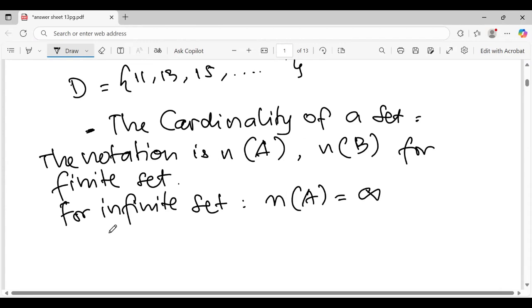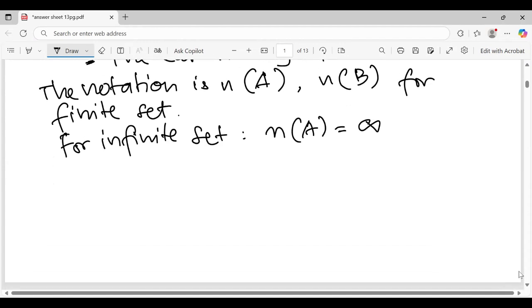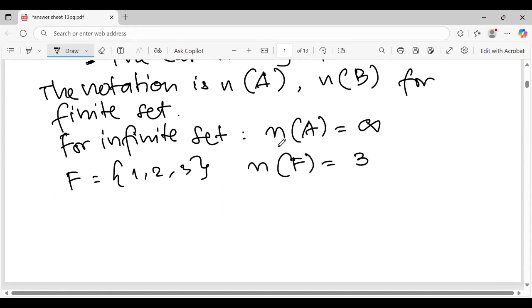For example, if set F has elements 1, 2, 3, it means n(F) we can write as 3, because it has 3 members or 3 elements, like that.